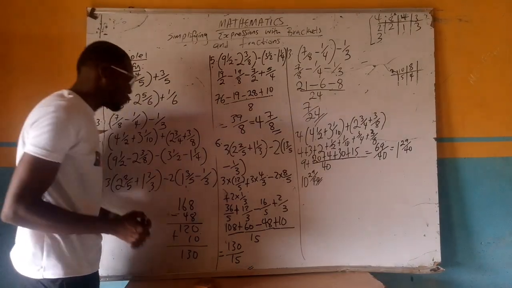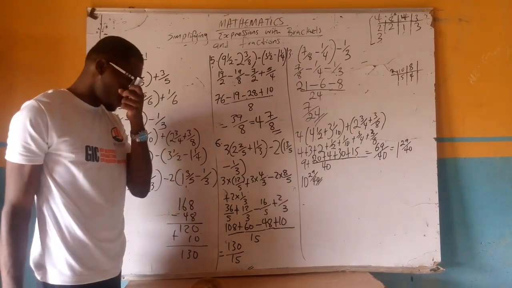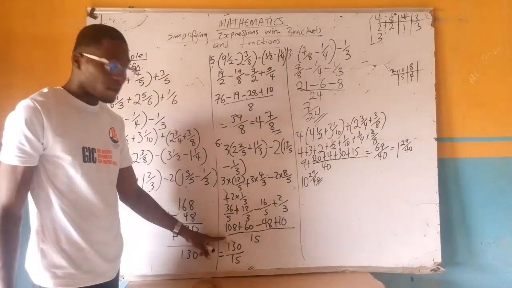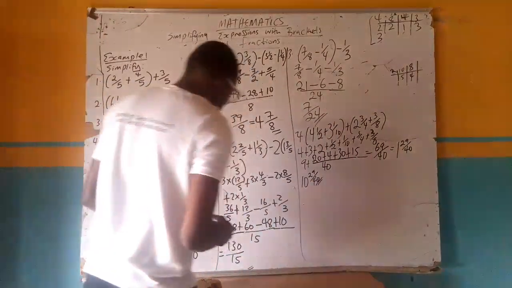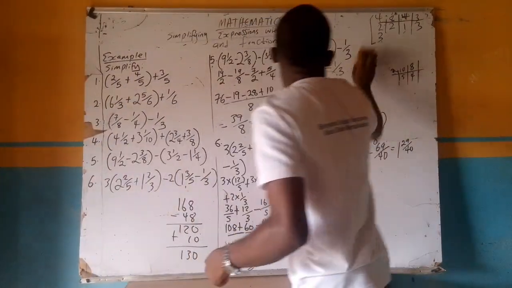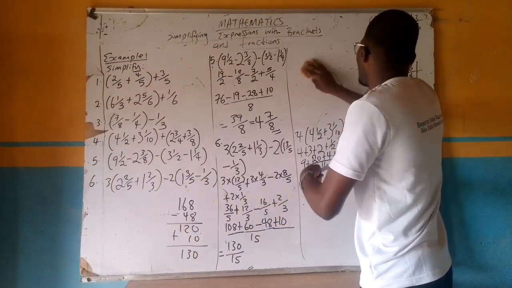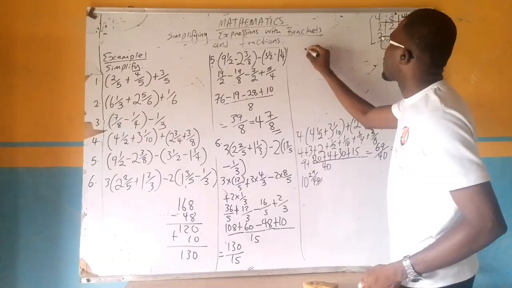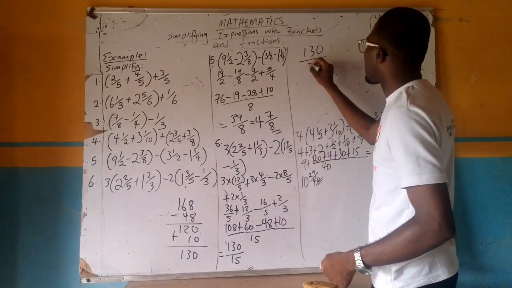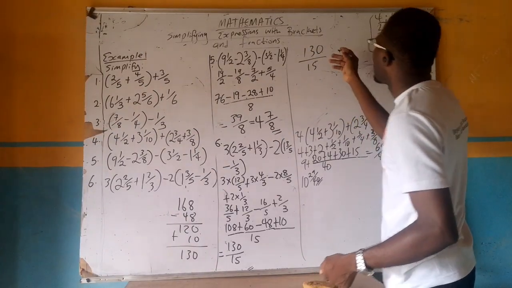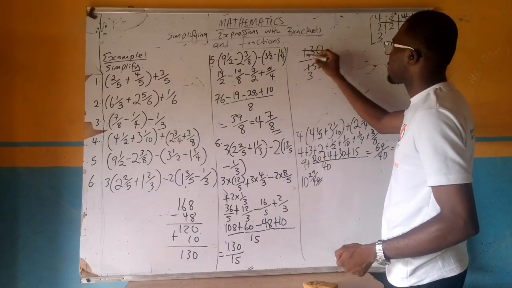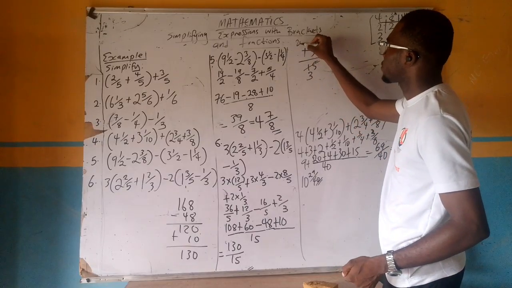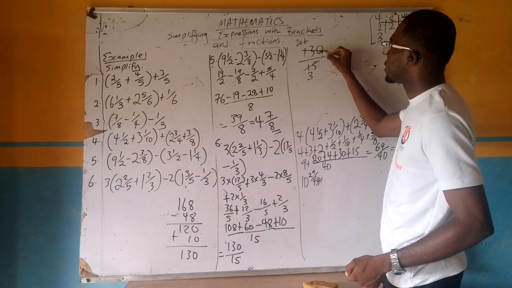Now we have to find how many 15 can go. I think 5 can go here and 5 can also go here. So we have to break it down. That's what we mean by simplifying. So we have 130 divided by 15. Let's use 5. 5 in 15 is 3. 5 in 130 is 26.